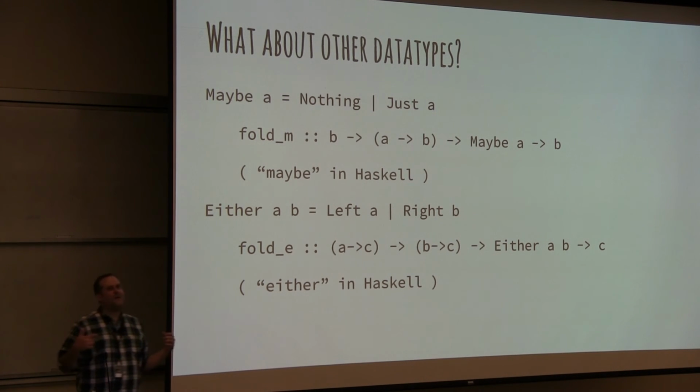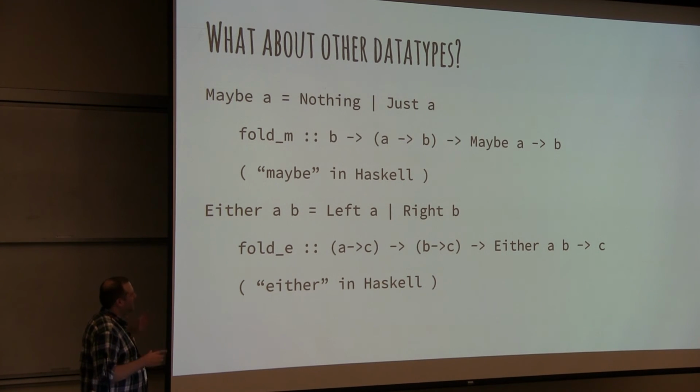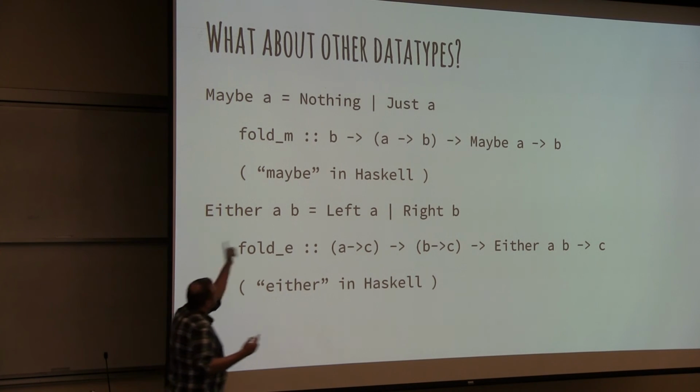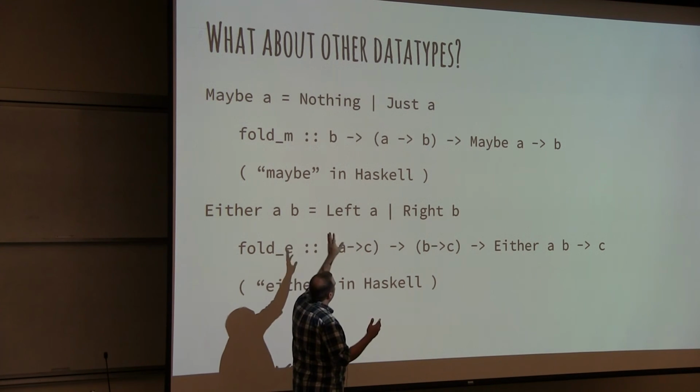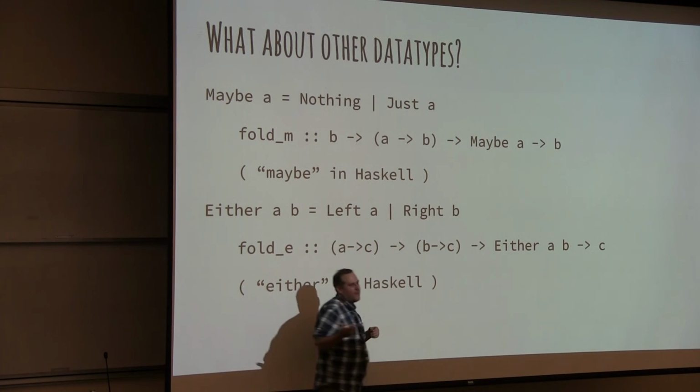I think that's a better way to think about it, because the initial value is for the case of the list, because the list always has the nil at the end. If you think about replacing data constructors, that makes a lot more sense than saying, okay, in this case it will not happen because the just doesn't have a nothing inside.